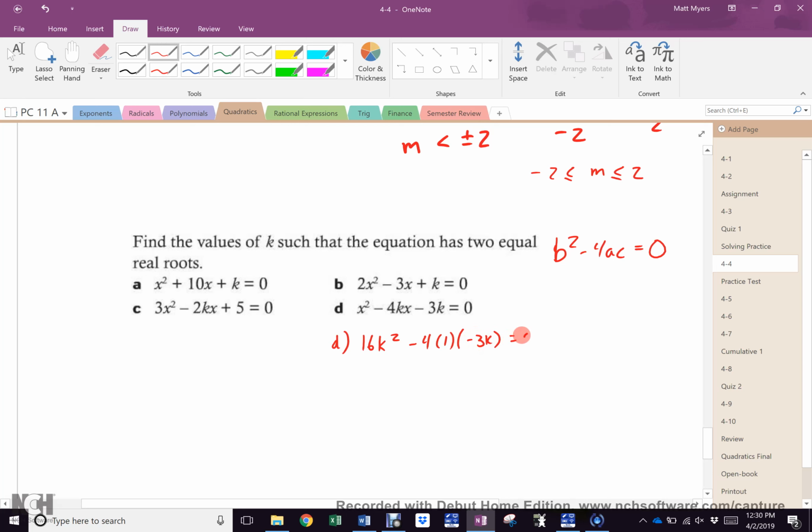And that has to equal 0. 16k squared plus 12k has to equal 0. Now what would I do with that? 4k times k plus 3 would have to equal 0. Now what do I do with that?